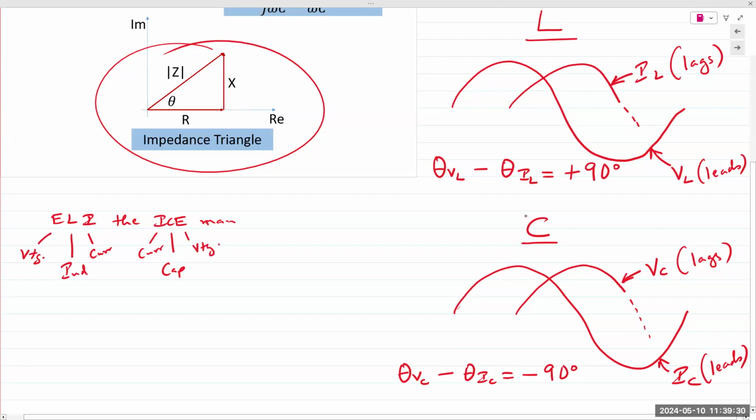So in an inductor, the voltage is always ahead of the current, or voltage always leads the current. And in a capacitor, the current always leads the voltage, or the current lags the voltage. So plus 90 for inductor, minus 90 for a capacitor. Okay. Eli the Iceman.